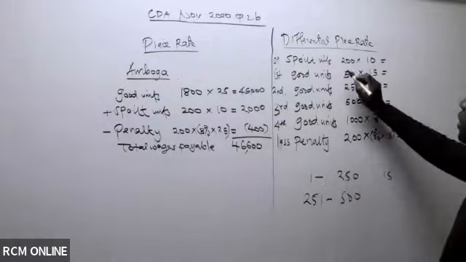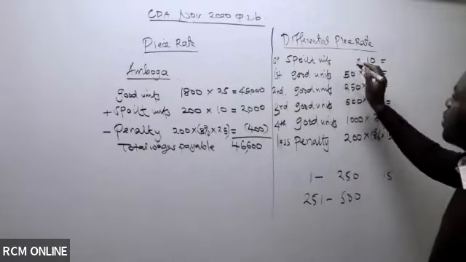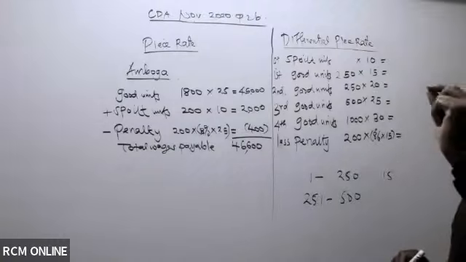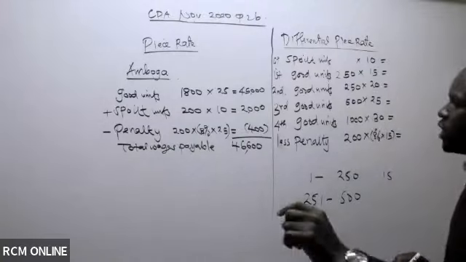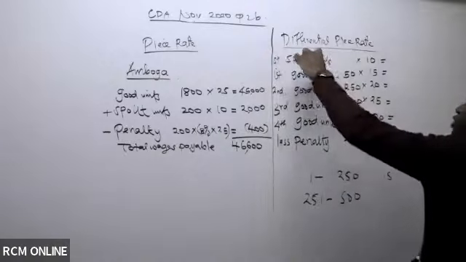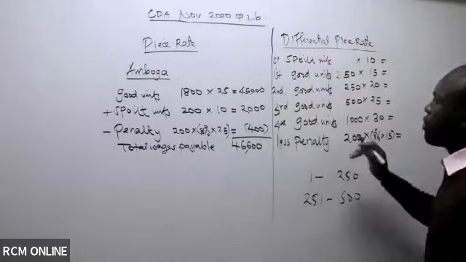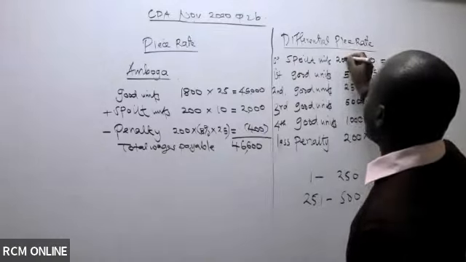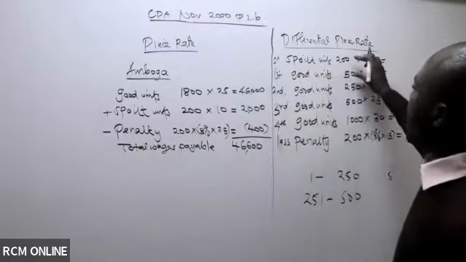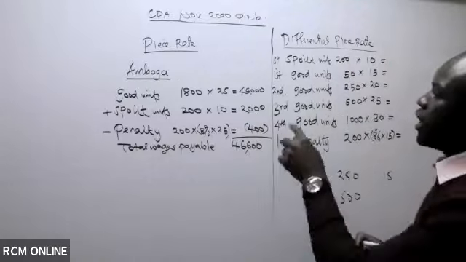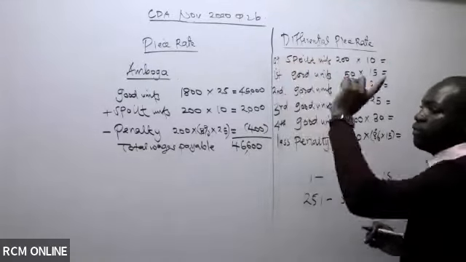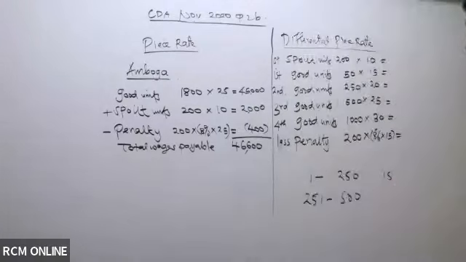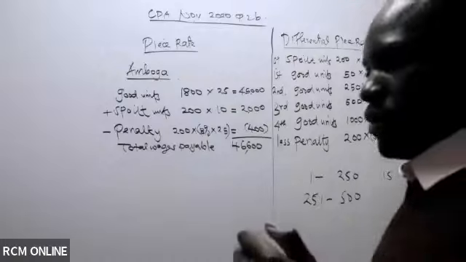Instead of taking 250 good units, because this person produced spoiled goods, we are told those spoiled goods come from this first range. So the first range is 250, and therefore I have decided to separate the spoiled goods from the good units. If I add the two, it will give me 250, and you can see they are all falling within the first range. Is it okay now, Dorin? Great.